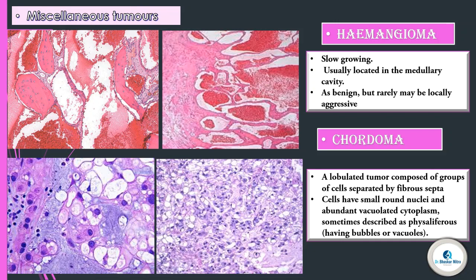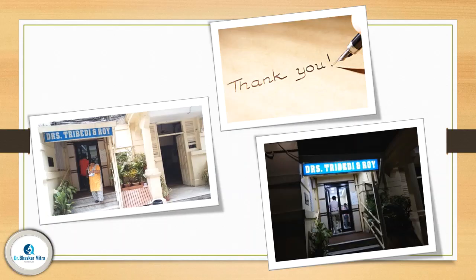It is a lobular tumor composed of groups of cells separated by fibrous septa. The cells have small round nuclei and abundant vacuolated cytoplasm, showing an egg-shaped bubble appearance, and there may be some large cells with vacuolated cytoplasm. We call them physaliferous cells, which are characteristic of chordoma.